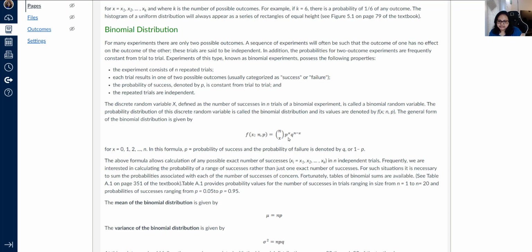Like we said, from trial to trial, the probability of getting the head or tail would be the same. And x could be getting head 0 times, once, or 2 times. The opposite is the failure, which we can define by q, and 1 minus p is the probability of failure.